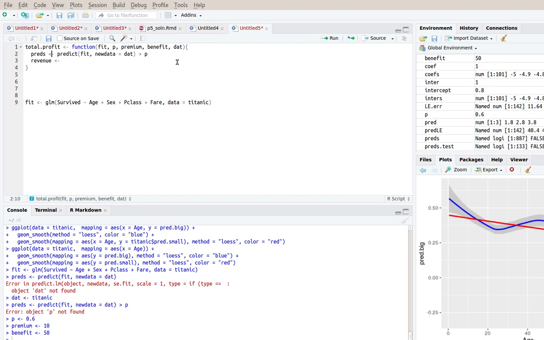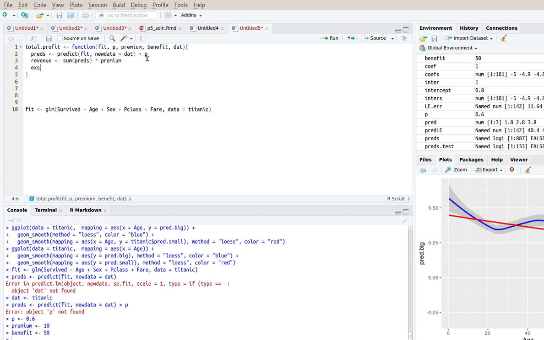We agree to sell insurance if the prediction is true, so if the probability is higher than P. That means we sell insurance to this many people, sum of preds, because that's the number of trues, the number of people who are above the probability threshold for us to say, okay, we'll sell you insurance, and we'll multiply that by the premium. Premium is how much you get paid by the people to whom you sell insurance.